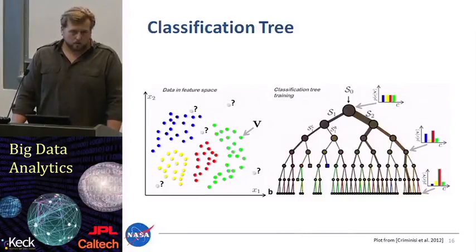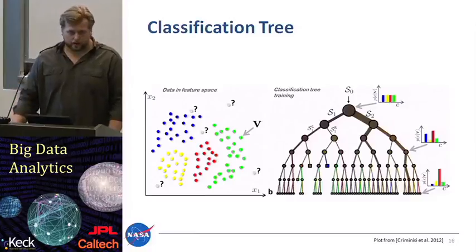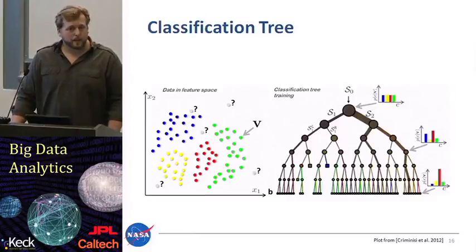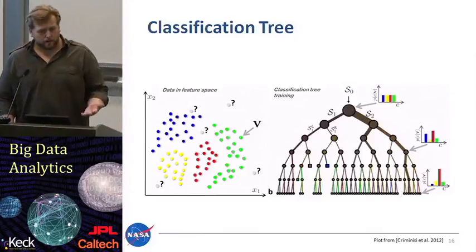You would not want to train trees which are thousands of levels deep or hundreds of levels deep, but you would like to stop earlier. And then you would have a mixture of samples at each leaf node, and that gives rise to a posterior estimate. So the histograms at every leaf are a proxy for a posterior for the random forest.